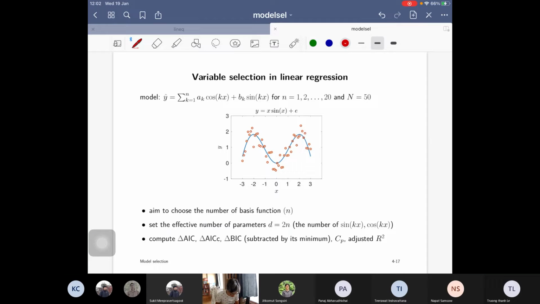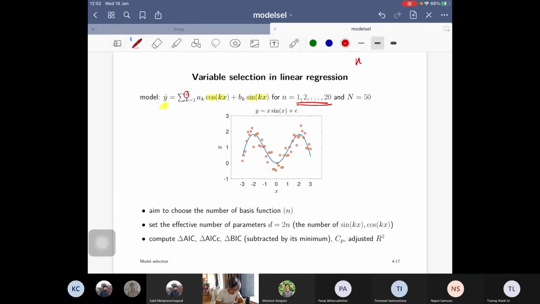Okay, now I'm going to go over the examples. This is a problem of variable selection in linear regression. I would like to explain the data points y by using some basis functions, sine and cosine at different frequencies. My k runs from 1 to n, but my choice of n runs from 1 to 20.